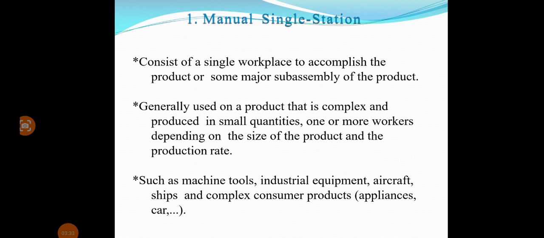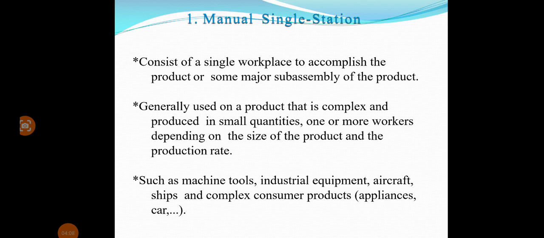In manual single stations, we consider a single workplace to accomplish the product or some major subassembly of the products. Generally, this type of manual single station is used for a product that is complex and produced in small quantities. Complex structures means a large number of elements, but in small quantities.